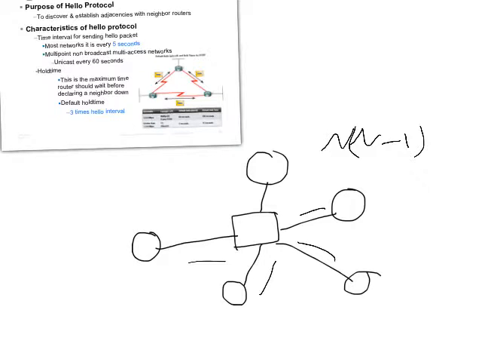That is a huge load on the network, and it happens because of the nature of this topology, which forms a logical mesh where all routers are connected to each other.